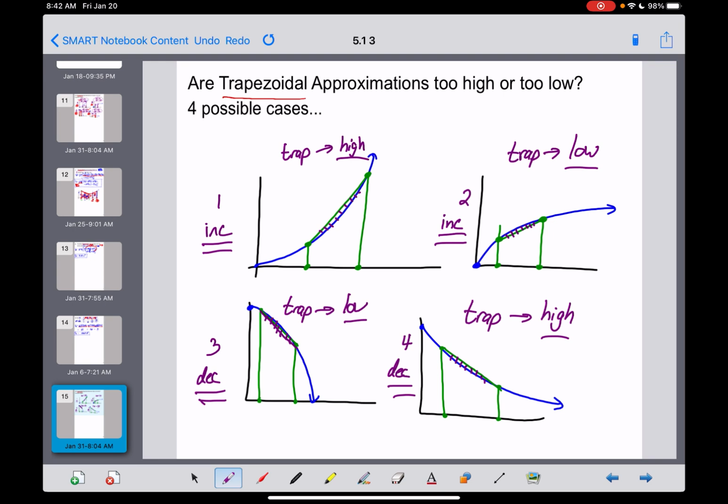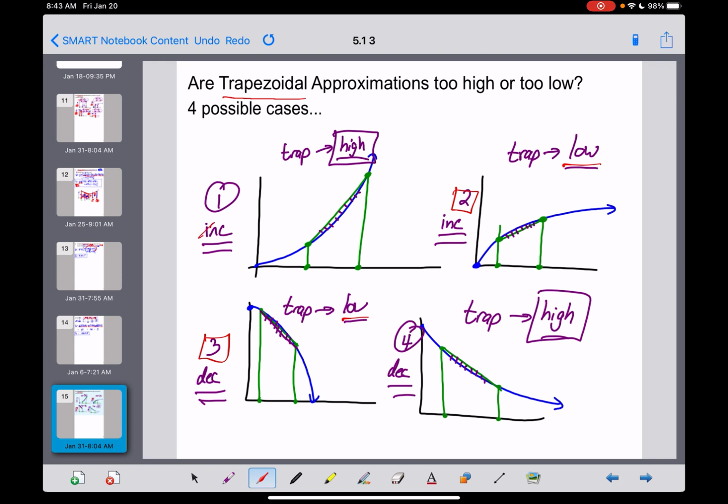Maybe there is something that curve 1 and curve 4 have in common, so that both of them get a result that's too high. But then maybe curve 2 and curve 3 have something different going on that causes them to come up with an opposite result. So if we were to look at curves 1 and curve 4, what do they have in common that's different from curves 2 and 3?